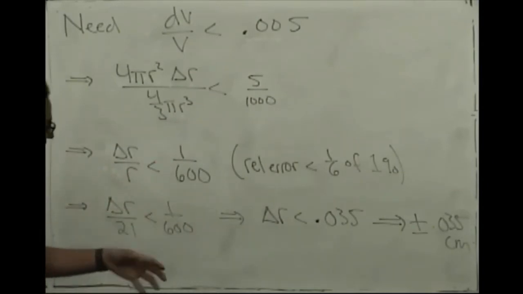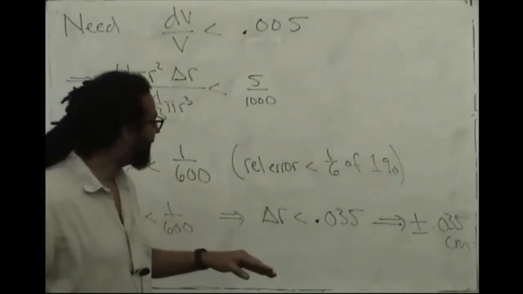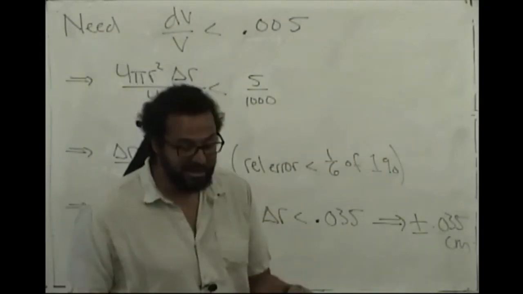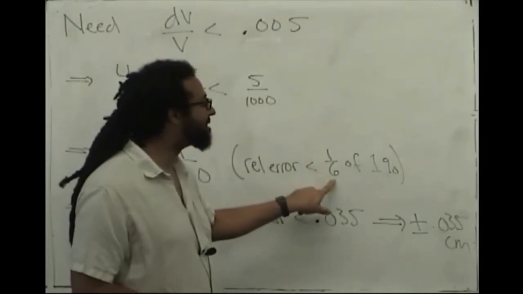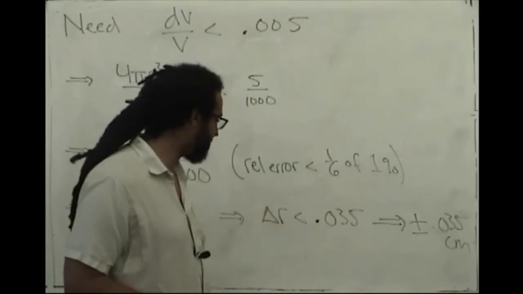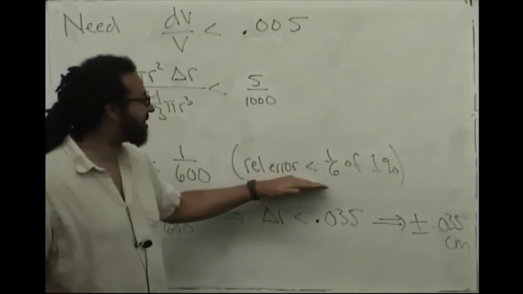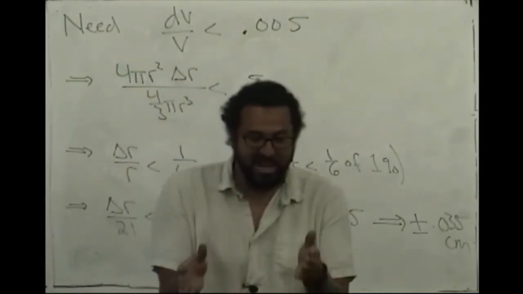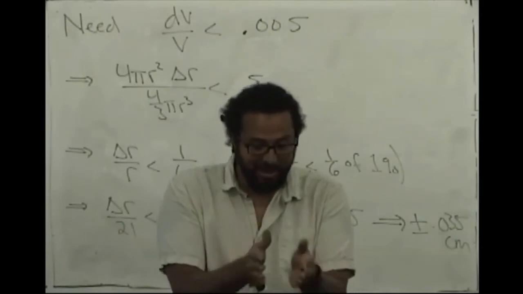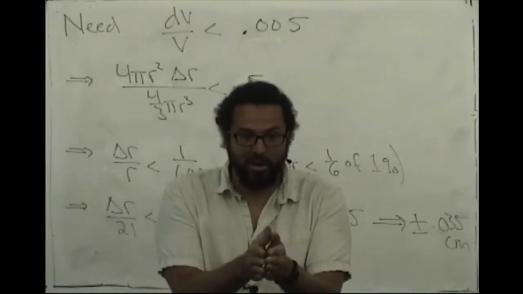What does that tell me? At this point, I know that my relative error in the measurement of the radius cannot be any more than 1/6 of 1%. And so now let's see what this amounts to in terms of the centimeter window that I'm allowed. Remember, the target was 21.